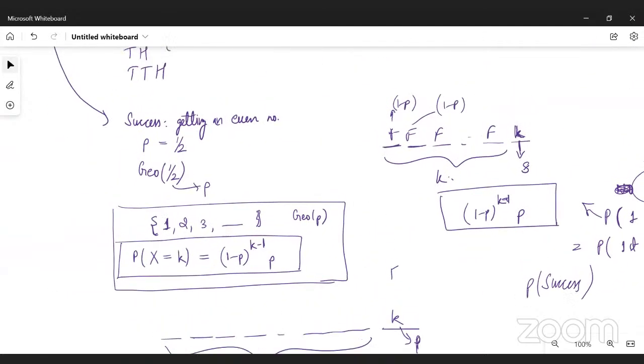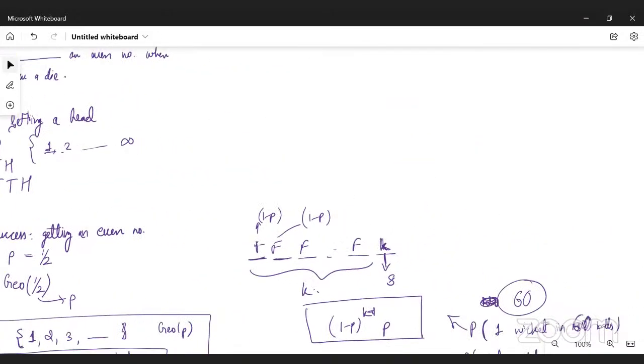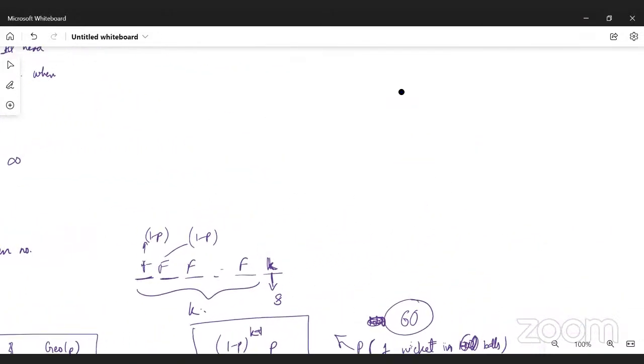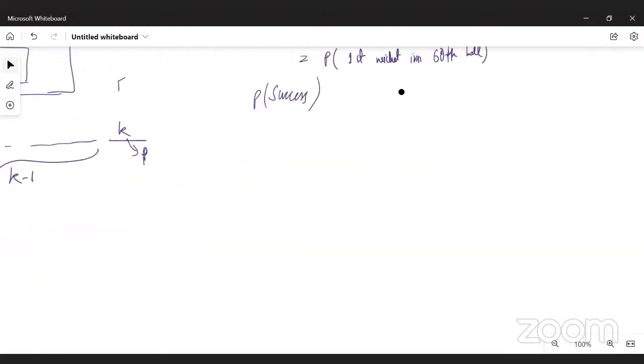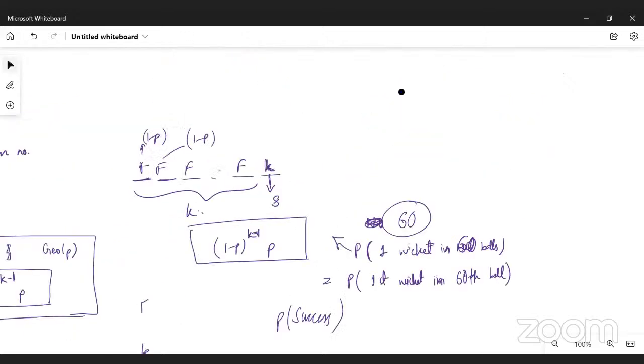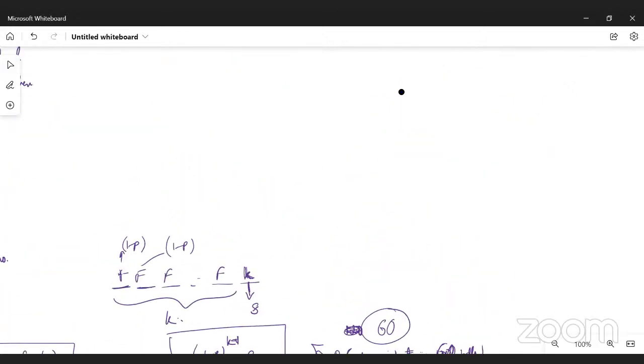Continuing with geometric distribution, you have something called the negative binomial distribution. Geometric distribution models the number of trials needed to get the first success.